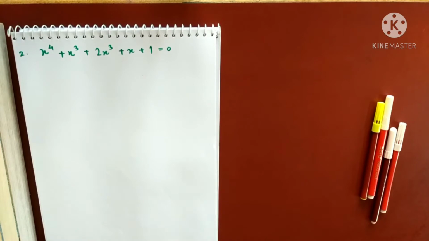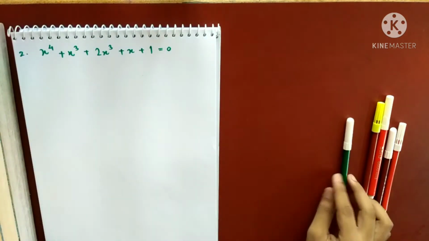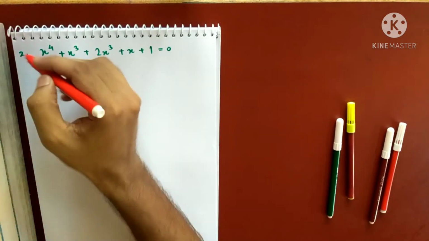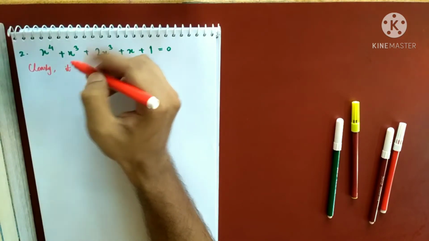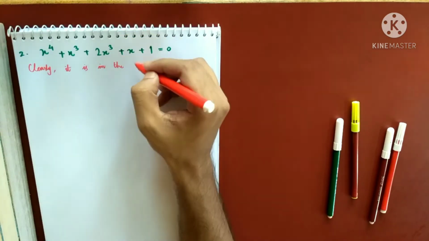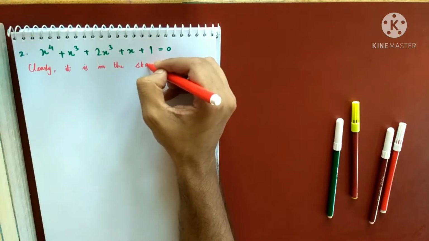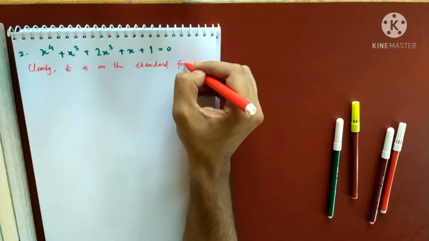This is a reciprocal equation of first kind and even degree, and we know a way to solve a reciprocal equation in the standard form. So clearly it is in the standard form, that means of first type and even degree.